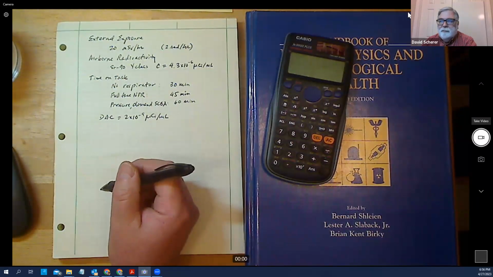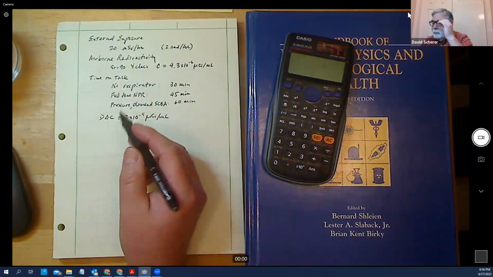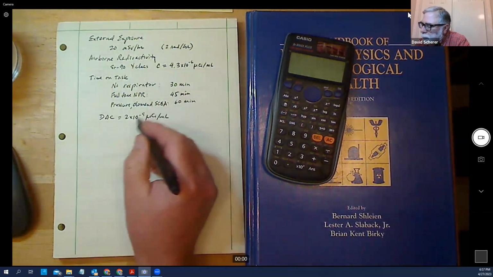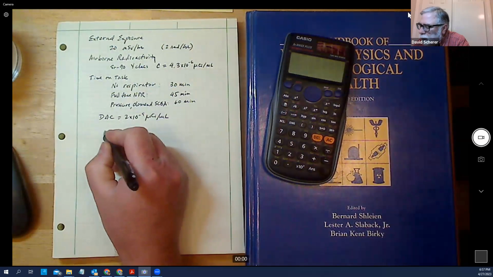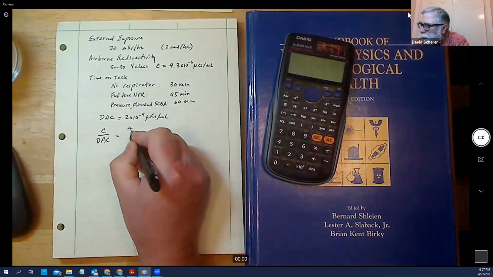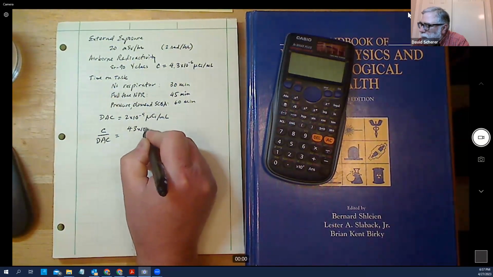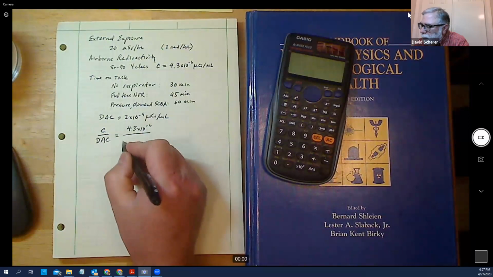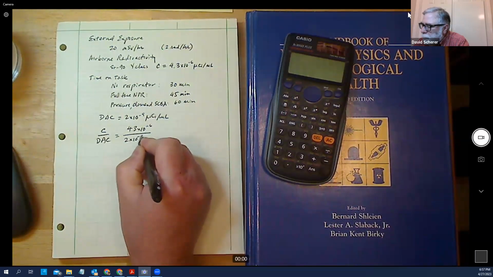We're going to have two kinds of exposures. Let's first look at what our concentration is compared to the DAC. Our concentration is 4.3 times 10 to the minus 6 microcuries per milliliter, and the DAC is 2 times 10 to the minus 9.